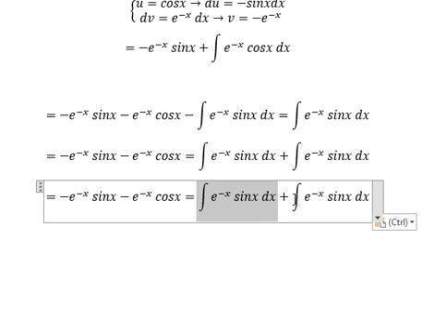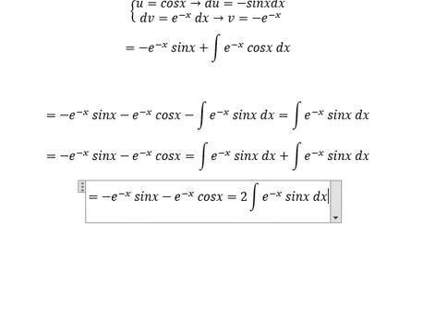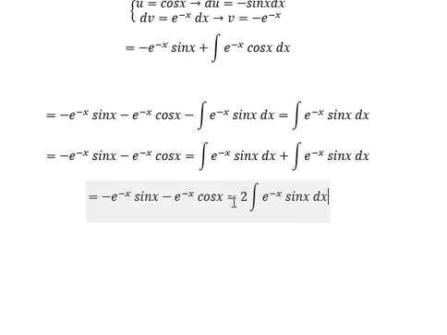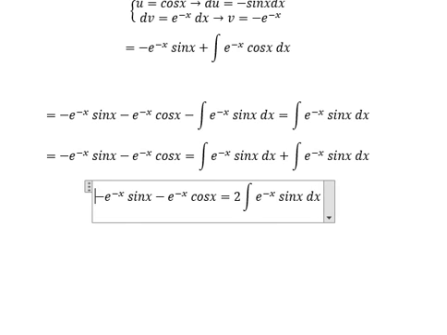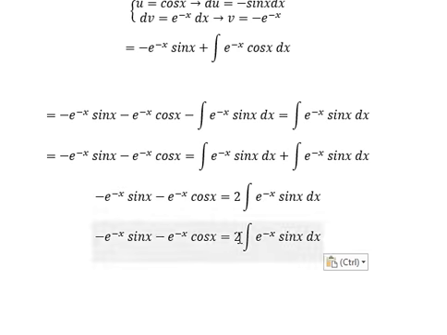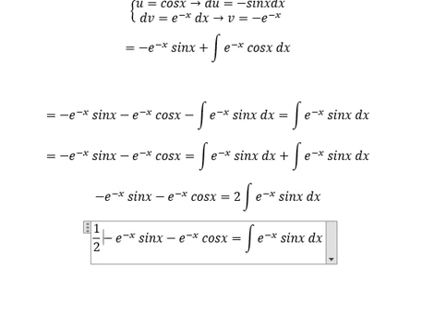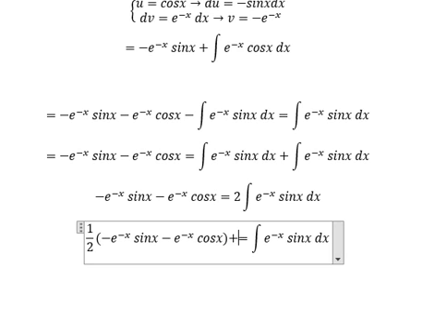This one plus this one, you get 2. And then we divide both sides by 2, and we get the final answer. And we put plus c.